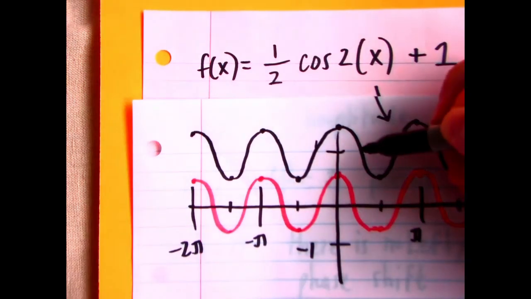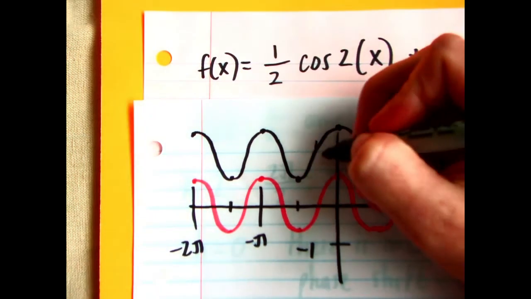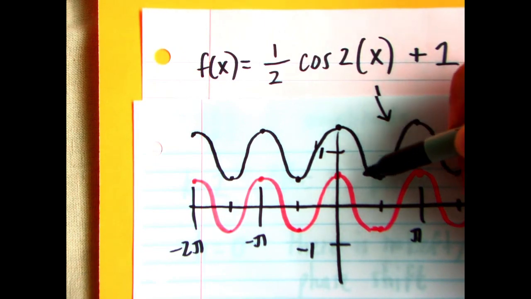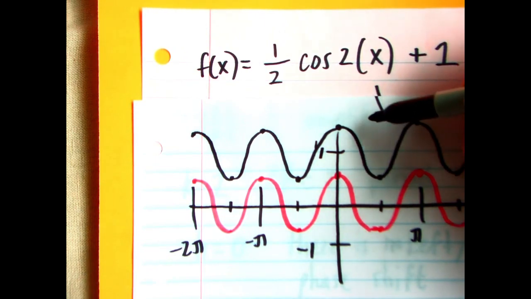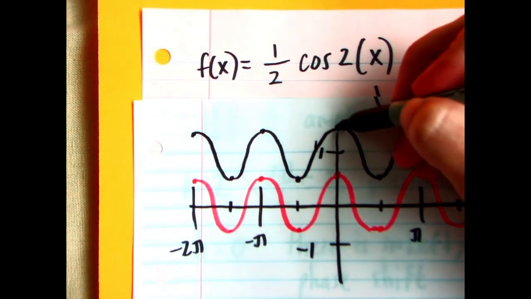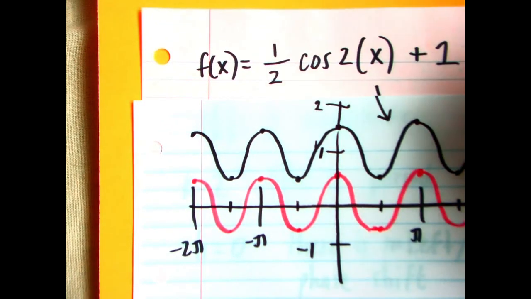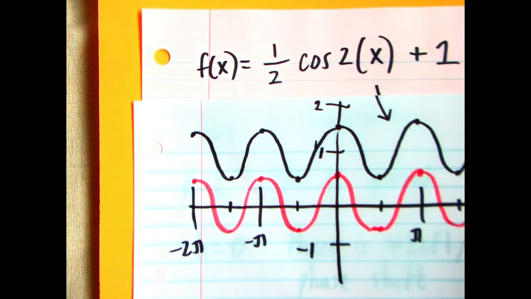Same thing on my paper, I see 4 complete waves. So it looks like we've done it well. Alright, so that is how to graph cosine functions, just like sine functions.